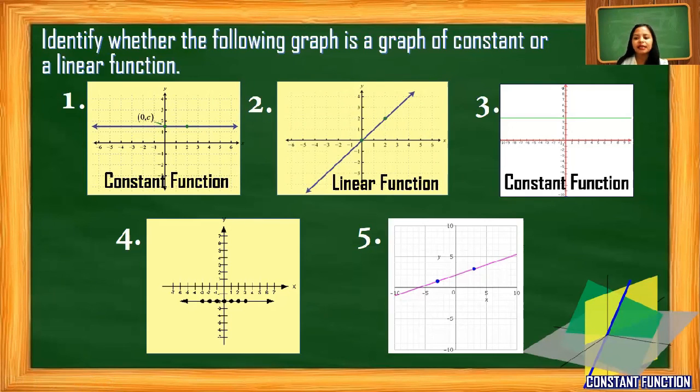Another one is, yes, that is a constant function because the graph is a horizontal line and is parallel to our x-axis. Another one, number 4, is a constant function. Very good, because it is also a horizontal line. How about number 5? Yes, that is a graph of a linear function. A diagonal line that intersects the x and y axis.